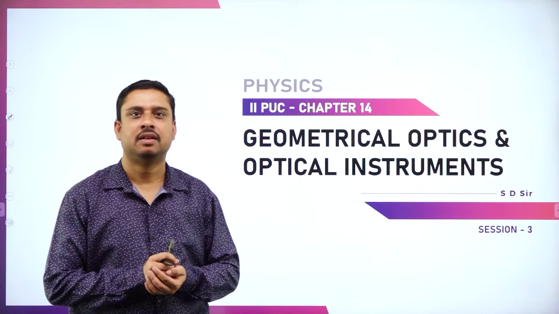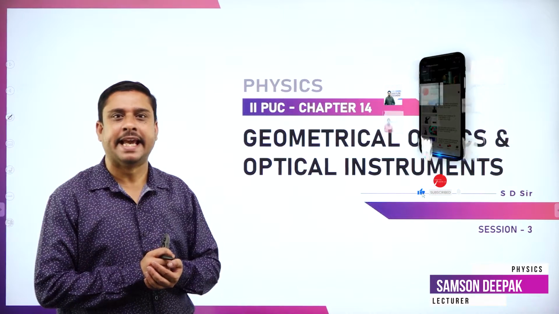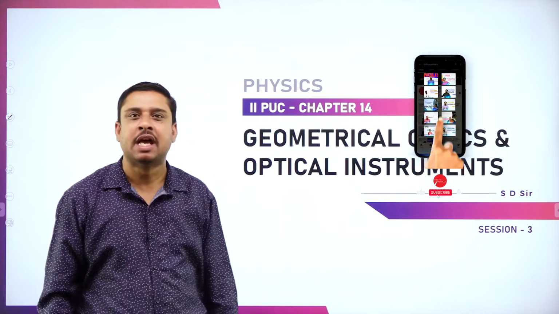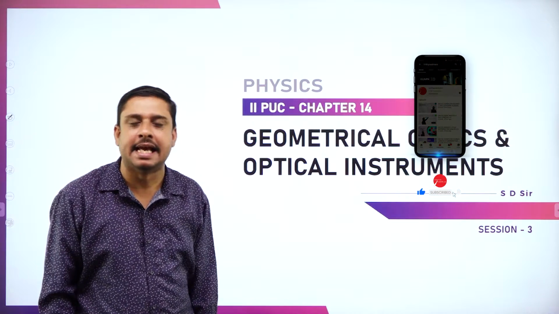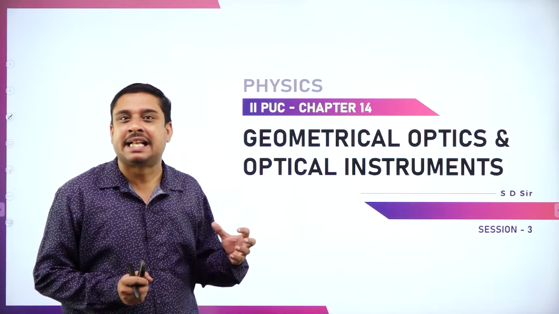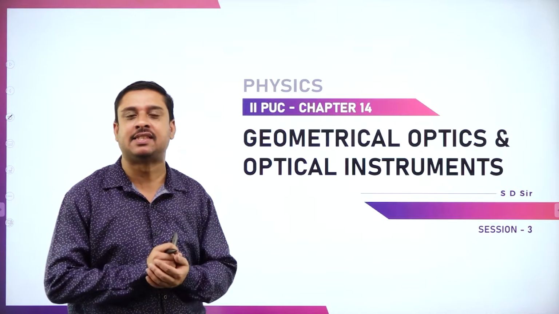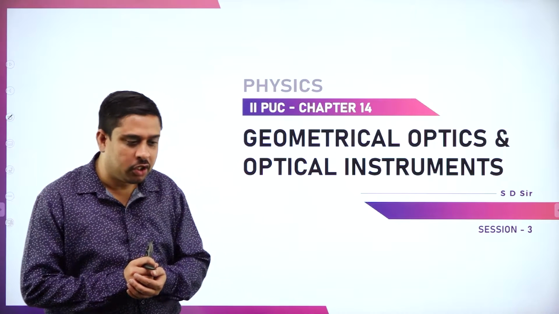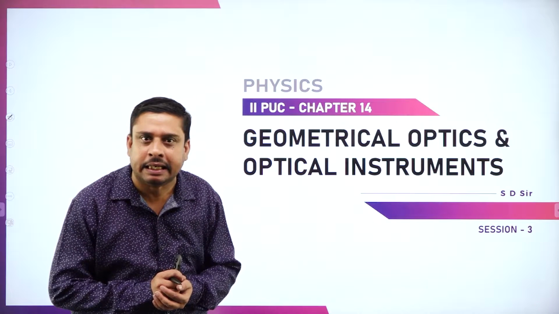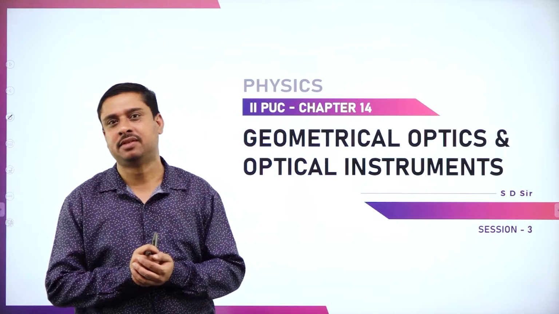Hello students, let us continue our discussion on the chapter Geometrical Optics and Optical Instruments. What did we do at the preview or the session before this? We understood a very beautiful phenomenon called refraction of light.